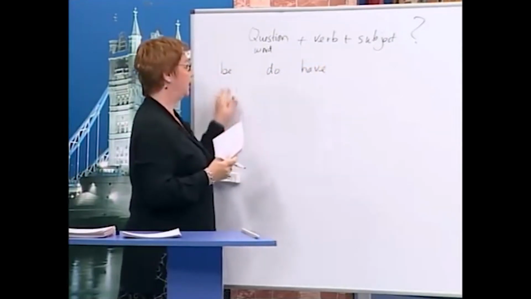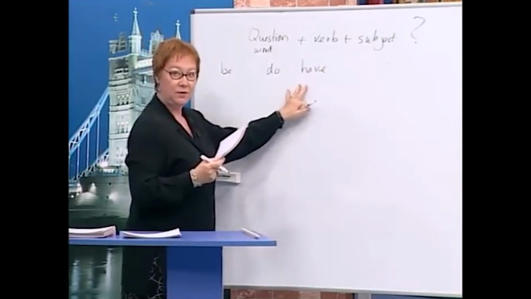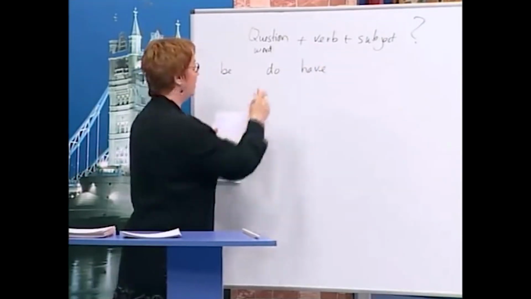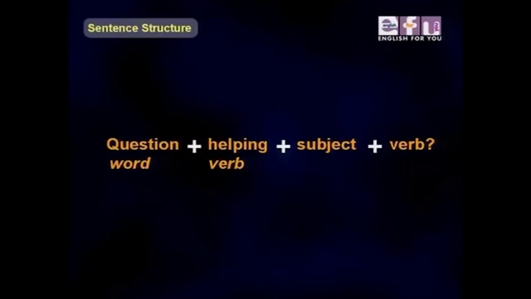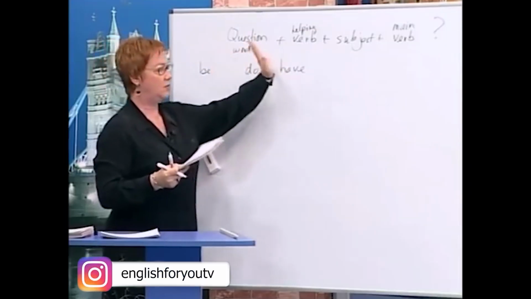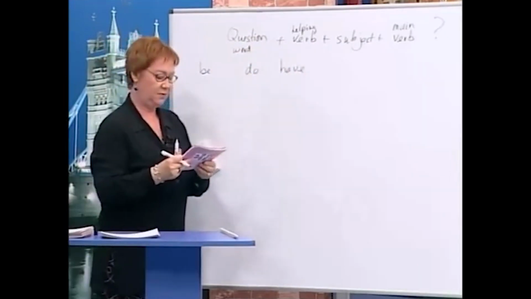Okay? These are very important. We use these a lot in English. Okay. Now, again, we could say question word, helping verb, plus subject, plus main verb, let's say. Question word, verb, subject, and verb.